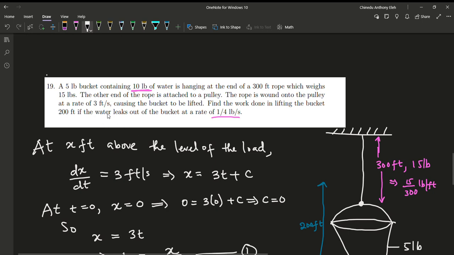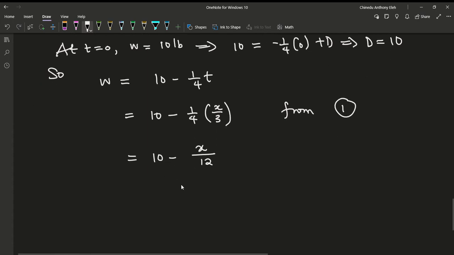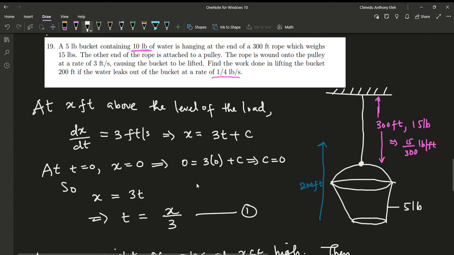Now the next thing is to find the work done in carrying the bucket, the rope, and the water high through x feet. Now recall that the pounds of the rope per feet is 15 over 300, right?